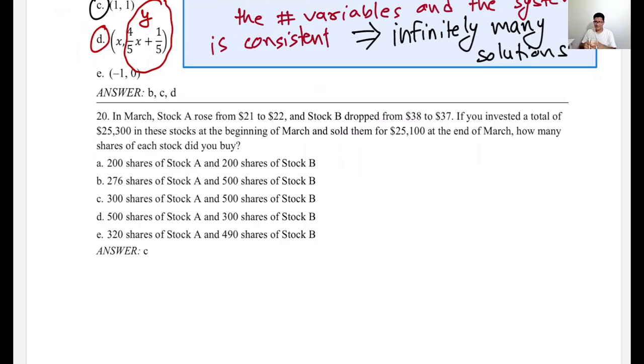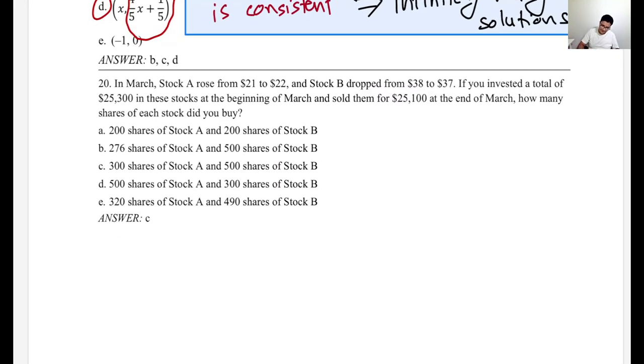Interesting question, right? So you purchased a total worth 25,300 at the beginning of March. And what were the prices then? $21 per share for stock A, $38 per share for stock B, right? So this data is in our mind. How do we formally write it?